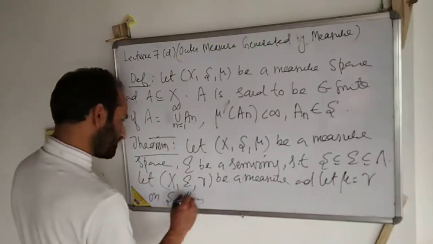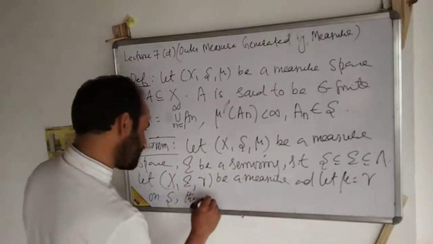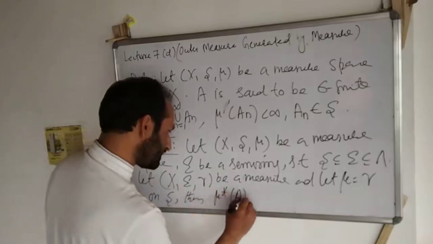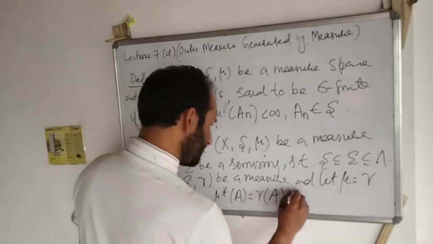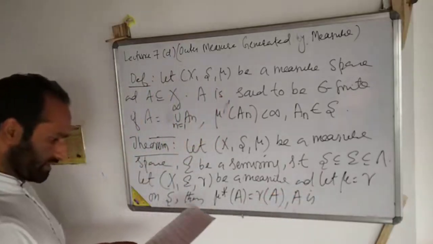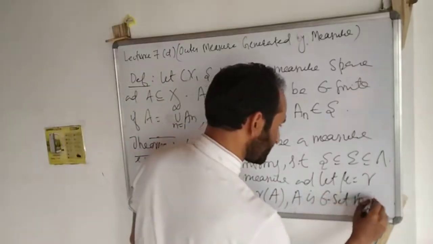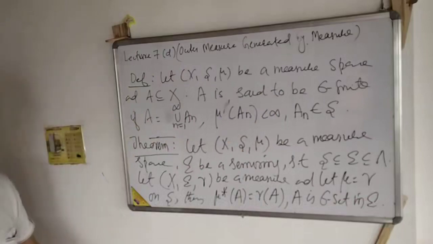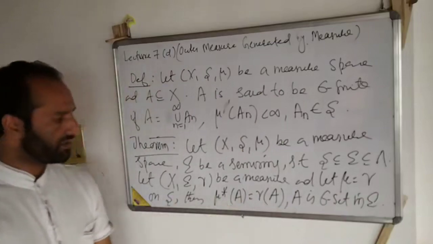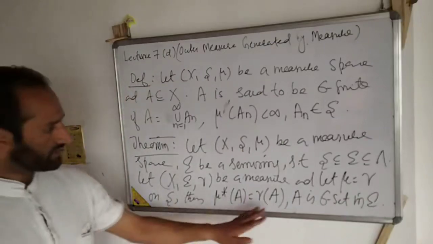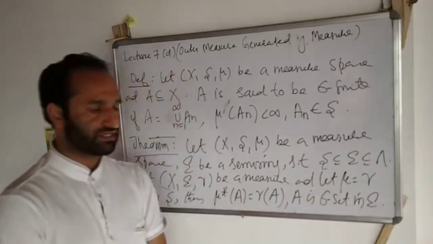Then by the previous theorem, mu star is equal to nu on Sigma, but here we need to show that mu star of A is equal to nu of A, where A is a sigma set in Sigma.